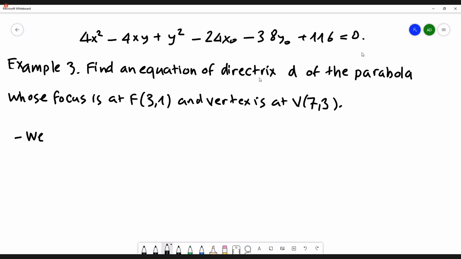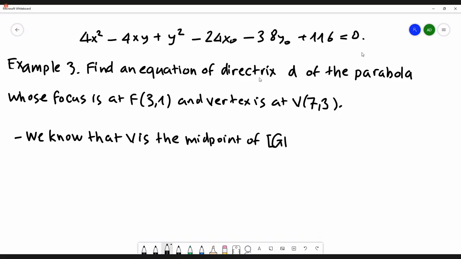We know that the vertex is the midpoint of the line segment GF. Now, what is G? Let me write it here as a note, but this is our standard notation.